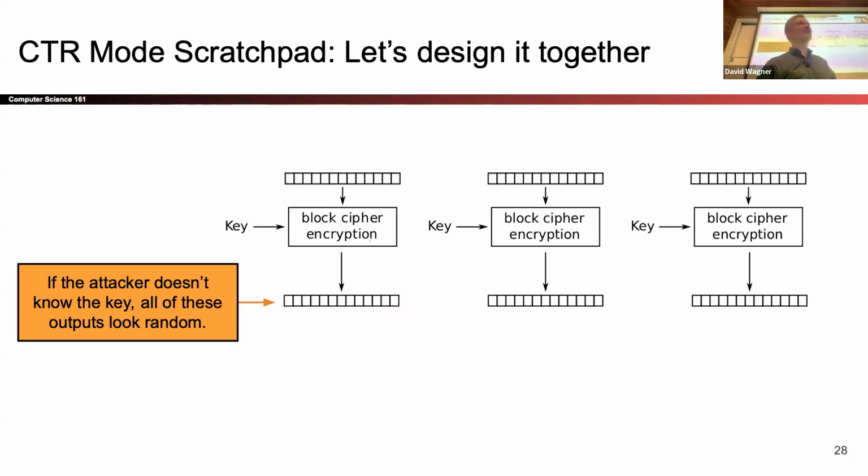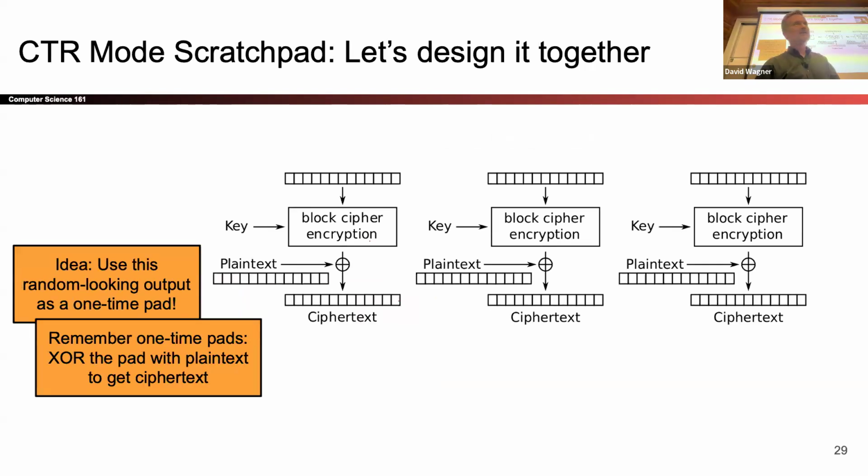Maybe it starts at 0, and we encrypt 0. Then we update the counter to 1 and encrypt 1, then 2 and encrypt 2, then 3 and encrypt 3. We get a bunch of outputs from AES that are random looking, and we concatenate all those together, and that's our pad.